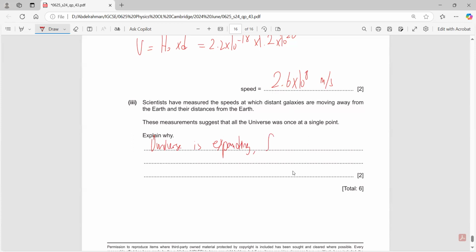Because the further galaxies are moving away at faster speeds, indicating that they were once much closer.